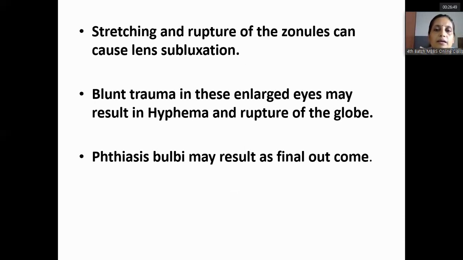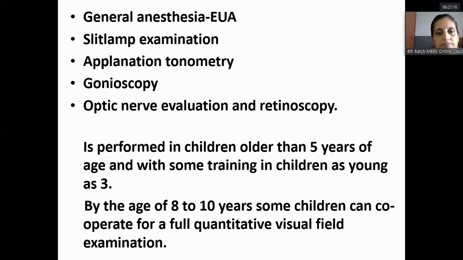Blunt trauma in this enlarged eye may result in hyphema or rupture of the globe. In this type of patient, even a small, minute blunt trauma can lead to hyphema or even globe rupture. And phthisis bulbi may result as the final outcome. Phthisis bulbi means shrinkage of the eyeball where you cannot identify the ocular structures. You will see this at the end stage.